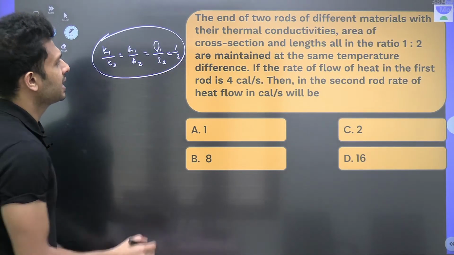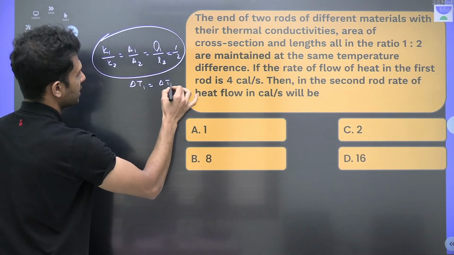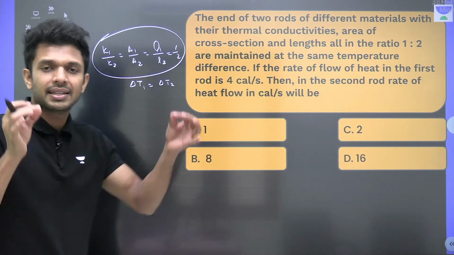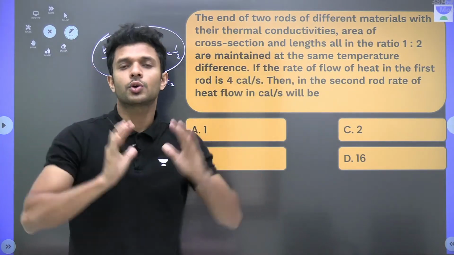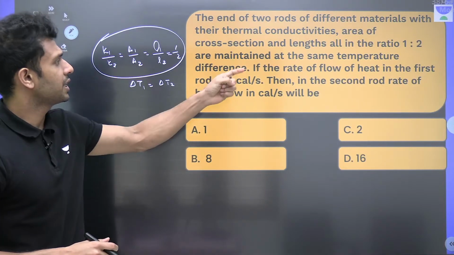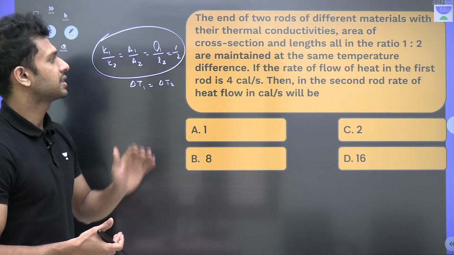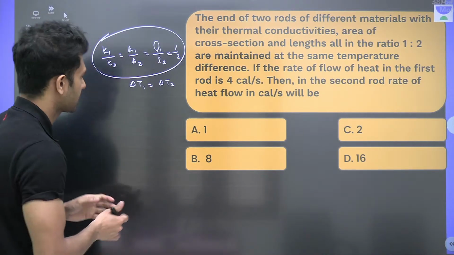They are maintained at the same temperature difference, delta T1 equals delta T2. If the rate of flow of heat in the first rod is 4 calories, then how much is it in the second rod? What is given?